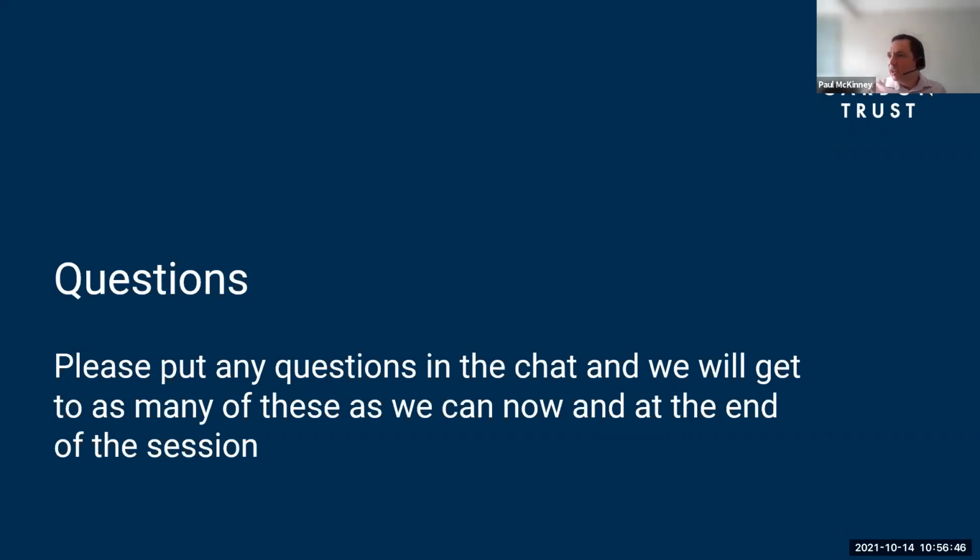And there was also a question asking if people will receive a link to review the recording of this event afterwards, which the answer is yes. We'll be sharing the recording afterwards.